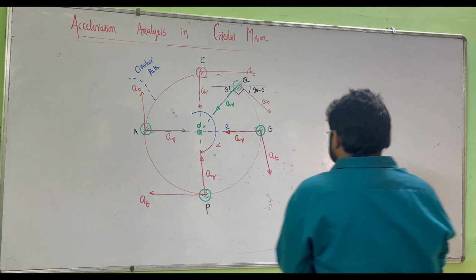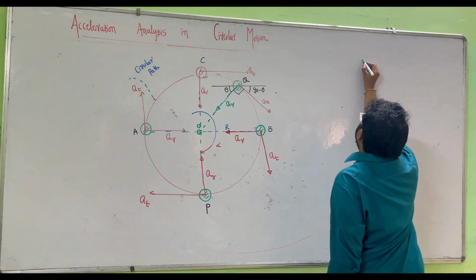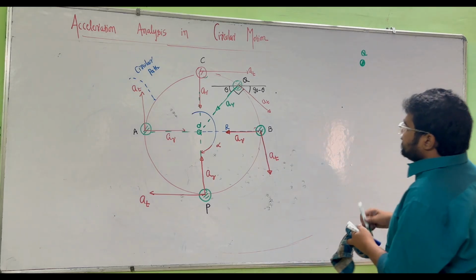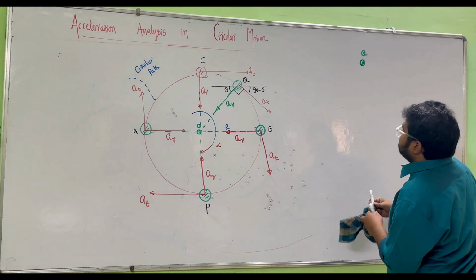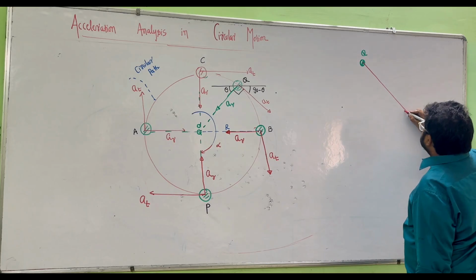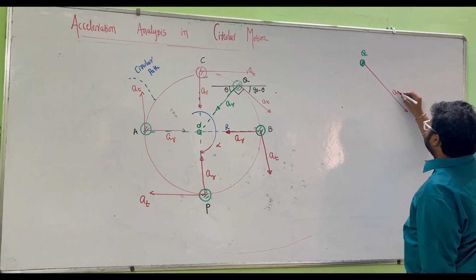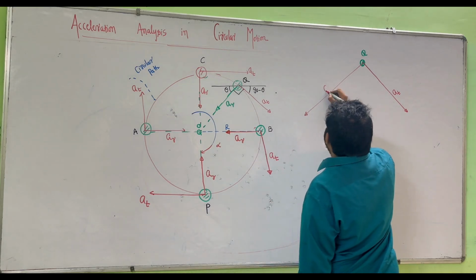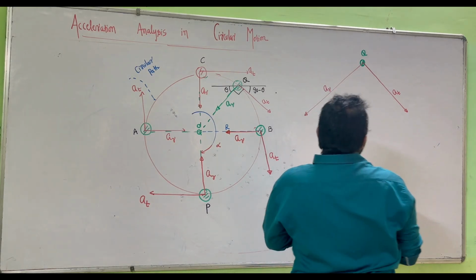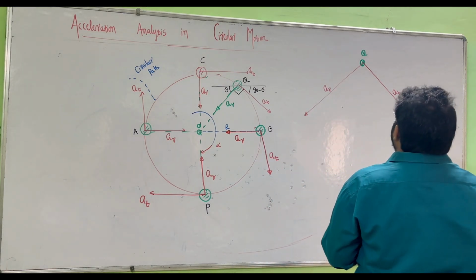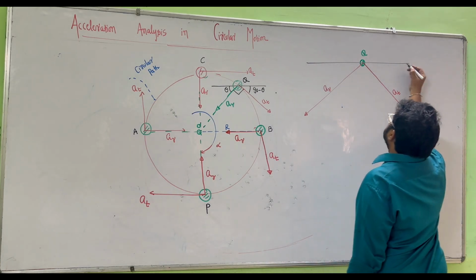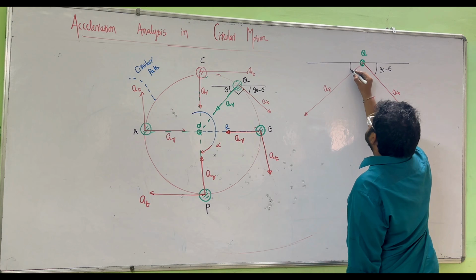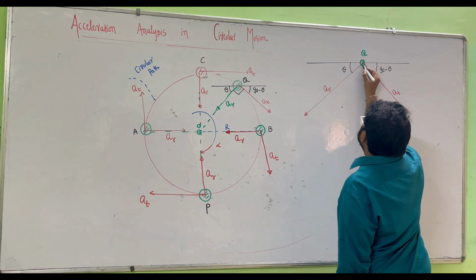What is the acceleration at point Q? How much will come? Tell me. Here it is the tangential acceleration, and this would be the radial acceleration. Here to here is 90 minus theta, and this would be theta.